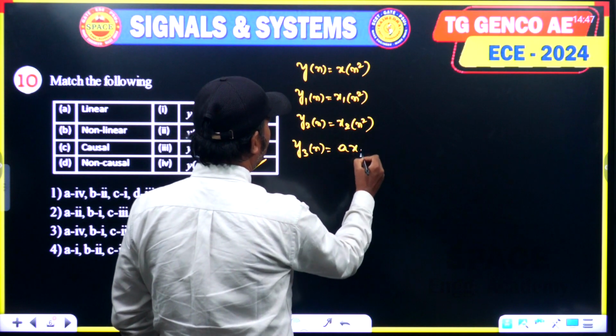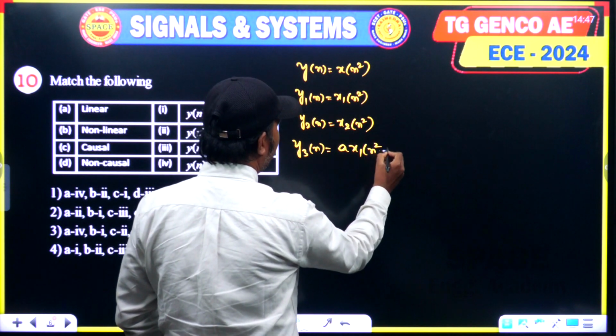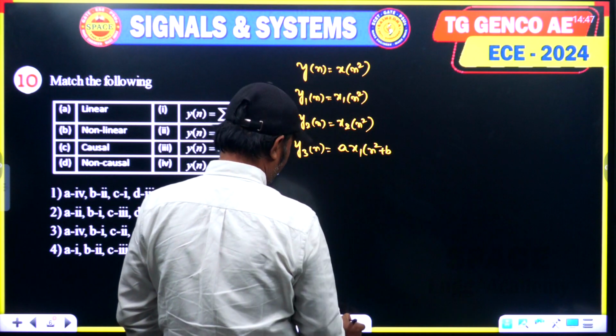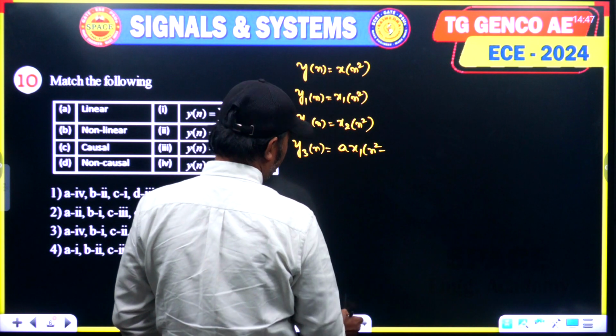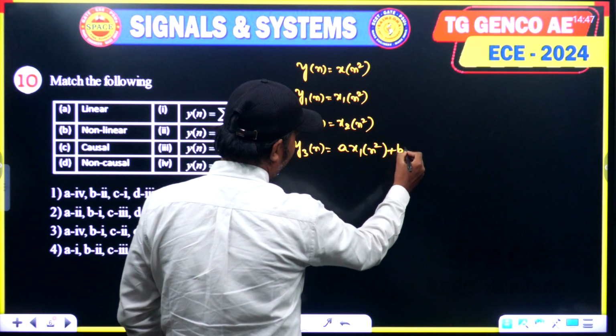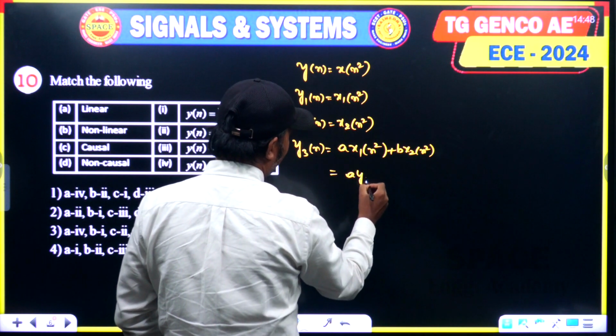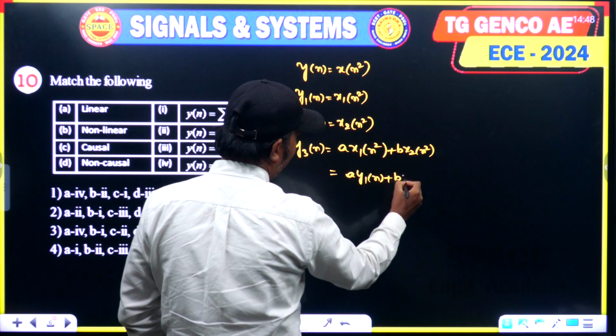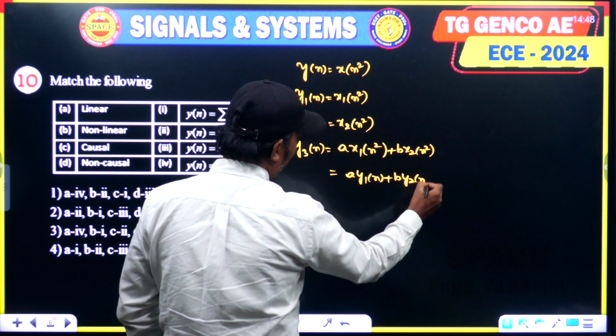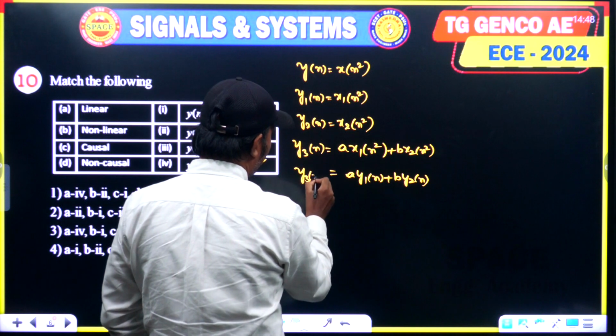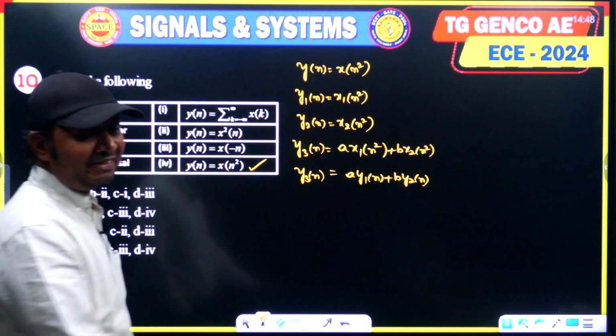So a x1 of n square plus b x2 of n square. So this is a y1 of n plus b y2 of n. So y3 of n is a y1 of n plus b y2 of n, which means it is linear.